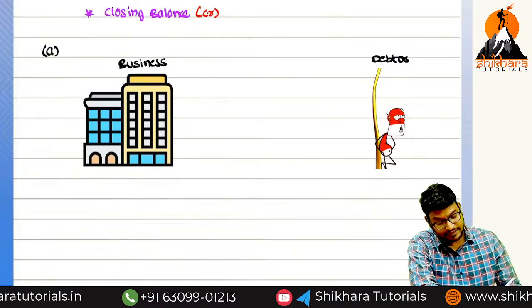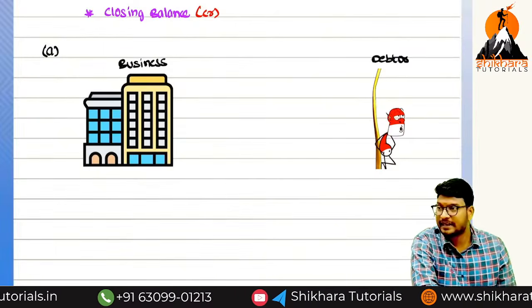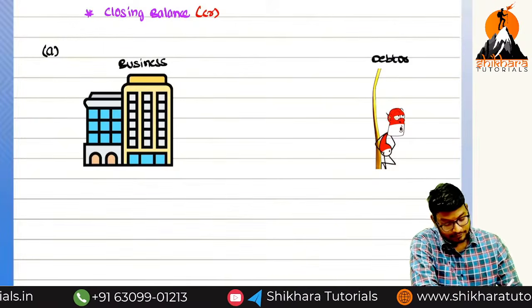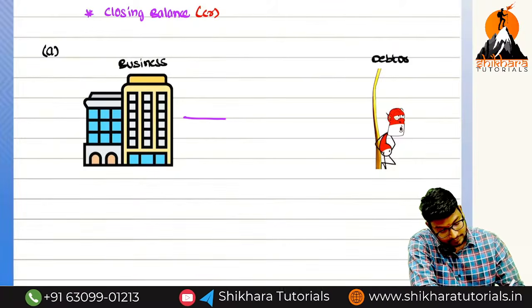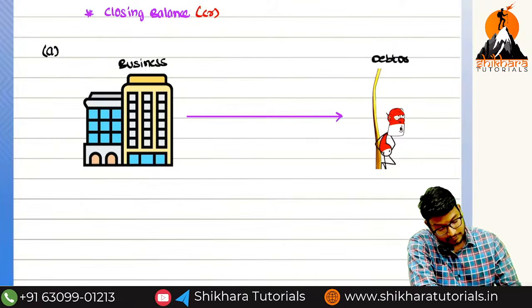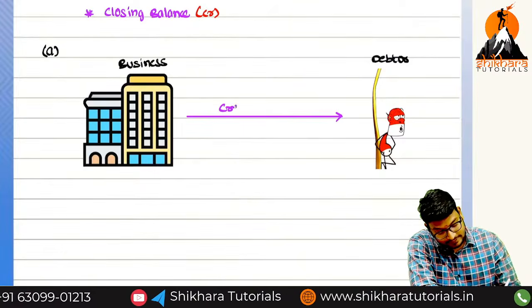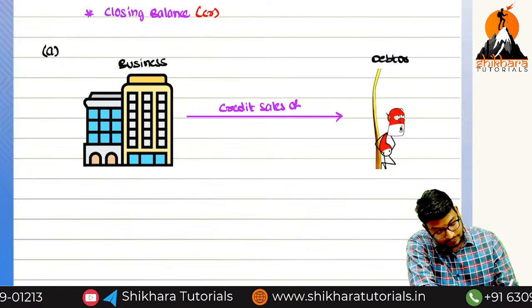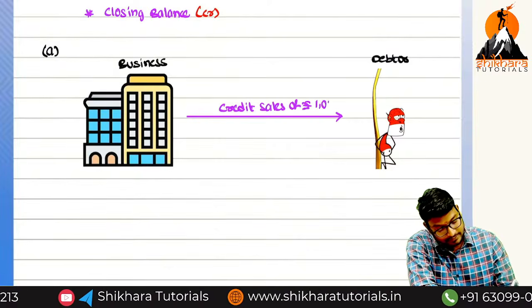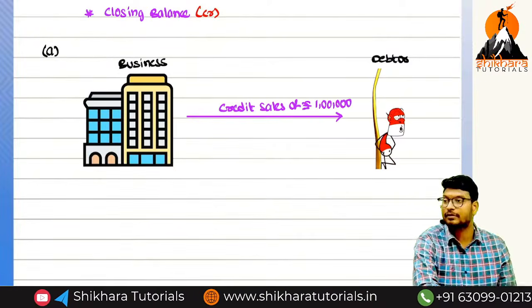So what do we have to do first? If this Flashman has to become a debtor, firstly we have to sell the goods. Yes or no? We have to sell the goods. So is it cash sales or credit sales? Credit sales of rupees 1 lakh, a small amount of rupees 1 lakh.